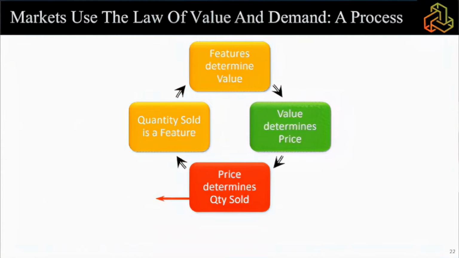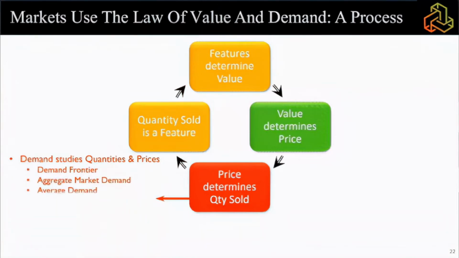Now, what we usually try to do first is it works out that studying the quantity and the prices is often the easiest thing to do. So demand analyses study quantities and prices, and they look at demand frontiers, as we've seen, and aggregate market demand. And then another concept called average demand, product demand that you saw. Then we might have sub-market demand.